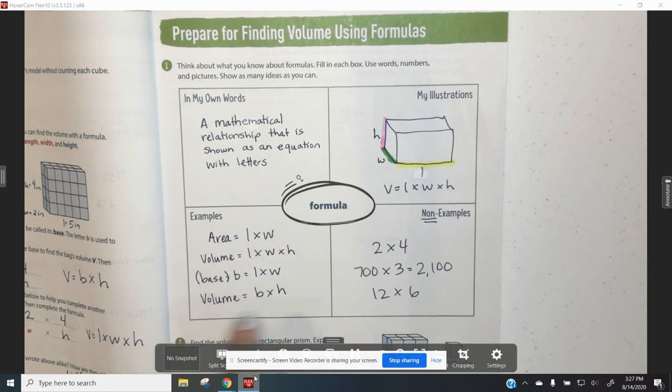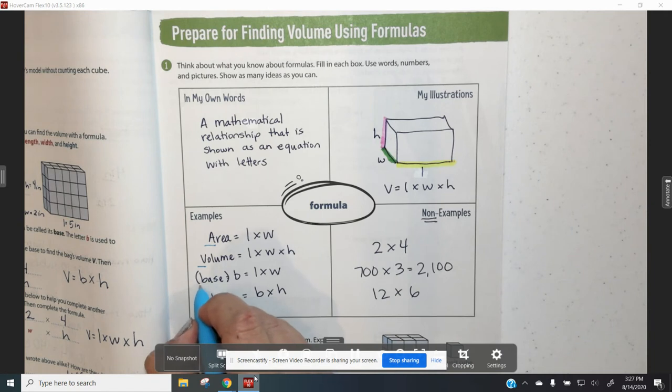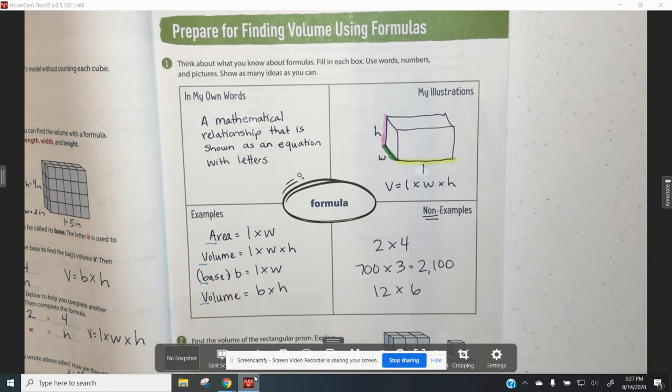Some examples of different formulas. I wrote out what the word was at the beginning, but you could just use the first letter of each of those words to represent the word in the formula. So here I only used the V, but we know that that V really means volume. I just didn't write the whole word volume.